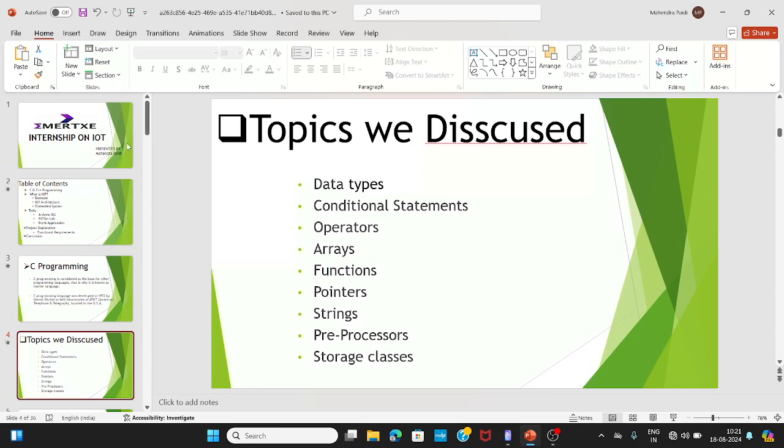Next, operators. Operators in C language are symbols that represent operations to be performed on one or more operands. They are the basic components of C programming. There are three types of operators: unary operators, binary operators, and ternary operators.